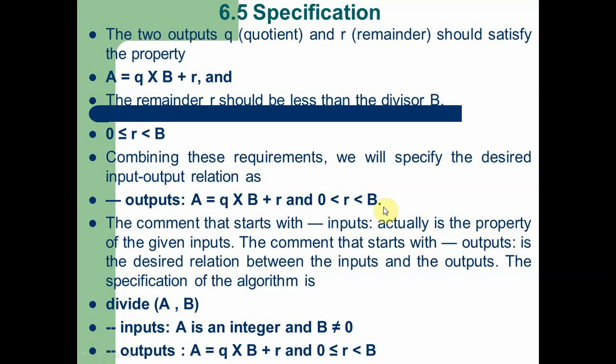So the command starts with the double dash, which we already know. So here we see the algorithm divide A and B. The specification of divide A and B is: double dash input A is an integer and B is not equal to 0, double dash output A is equal to Q into B plus R, and 0 less than or equal to R and R less than B. So this is the specification of this algorithm divide A and B. For simply dividing two numbers, the specification is in this format.